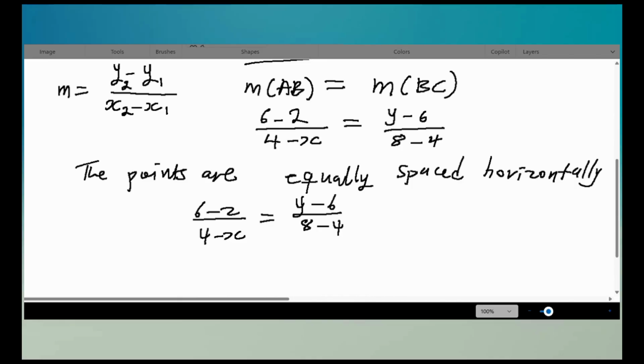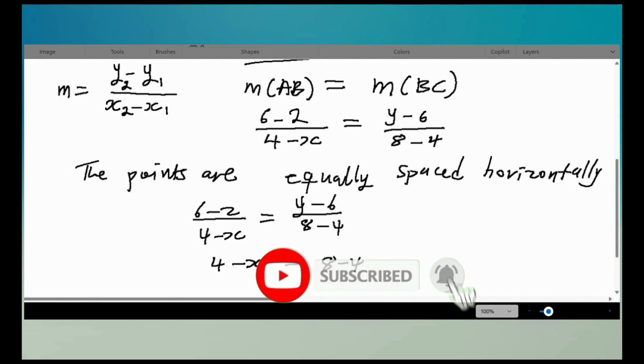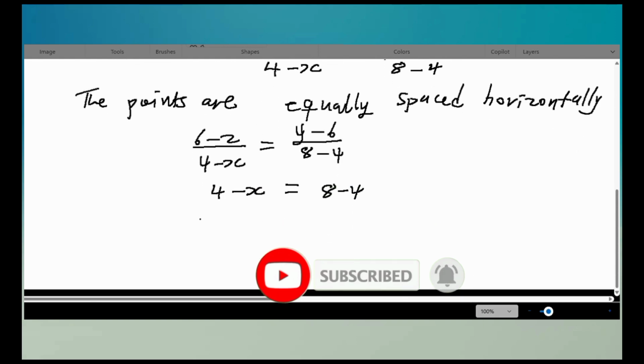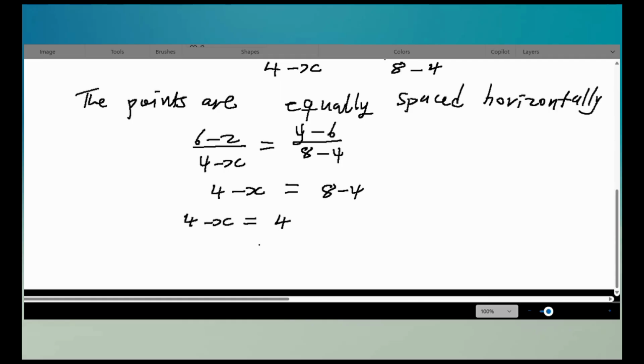If the points are equally spaced, then I can say that 4 minus x is equal to 8 minus 4. Okay, the denominator will be equal to the denominator here, and we're going to have 4 minus x equal to 8 minus 4, which is going to give us what? 4, right?